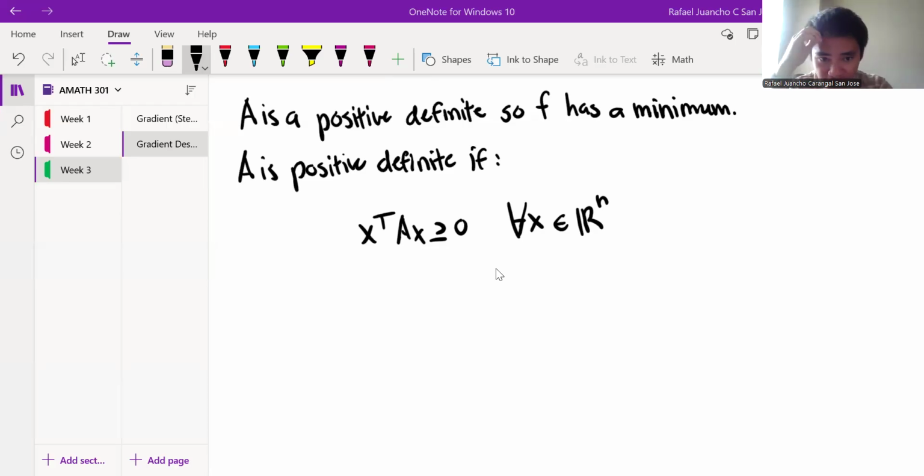Okay, so examples of symmetric positive definites. Let's look at that.